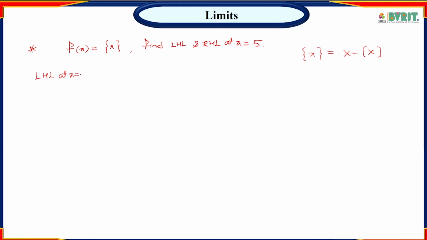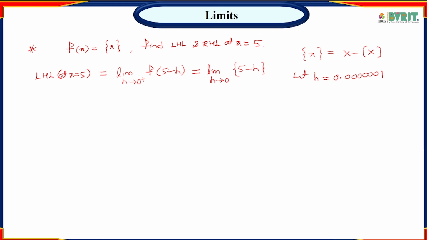Here, the left hand limit at x is equal to 5 is limit h tends to 0 plus of f of 5 minus h, which is limit h tends to 0 of the fractional part of 5 minus h. Let h be a very small value, say 0.000001.